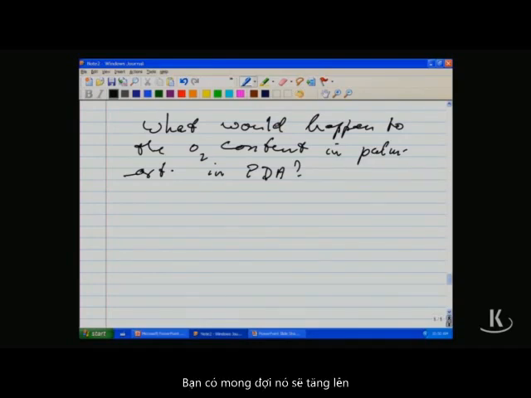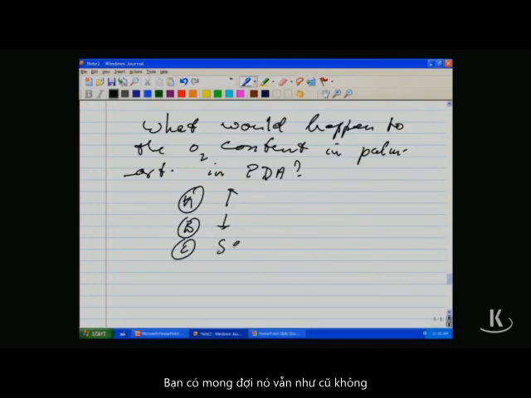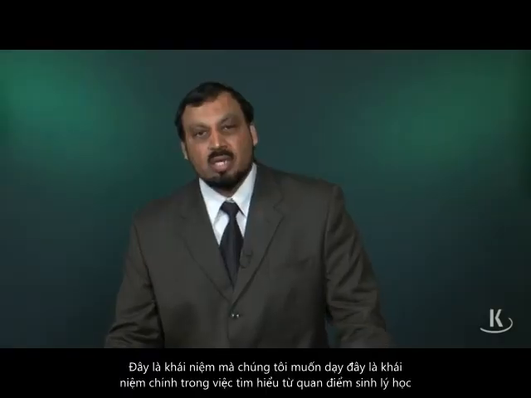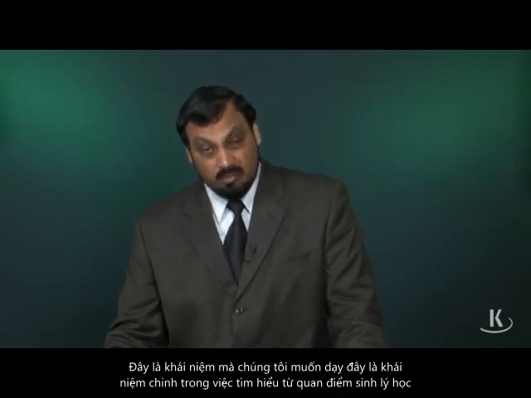Would you expect it to increase? Would you expect it to decrease? Would you expect it to remain the same? Or will you expect it to decrease, then increase? This is the concept that we want to teach. This is the main concept in learning about, from a physiology point of view, fetal circulation.